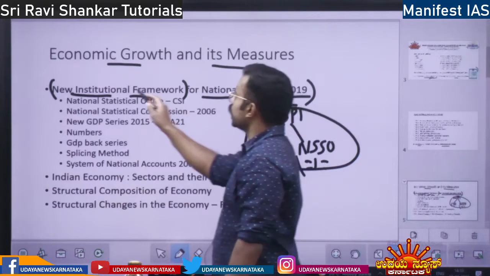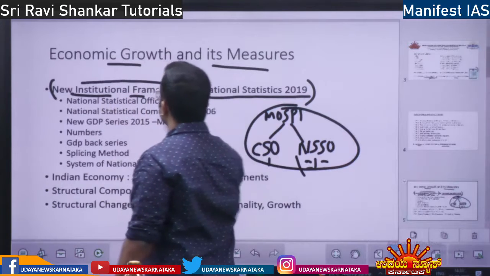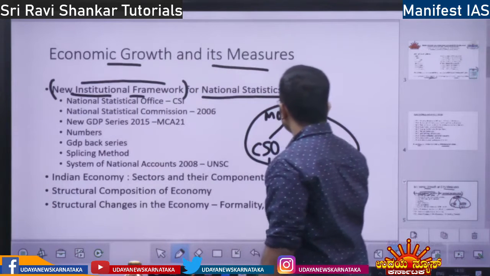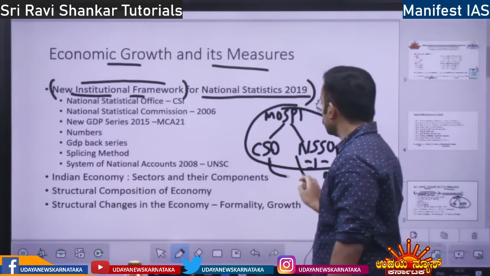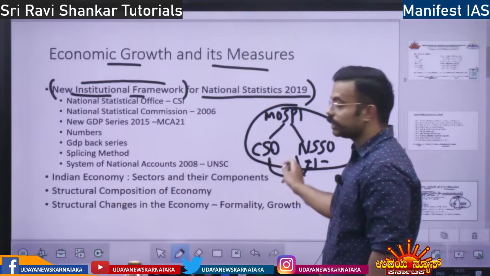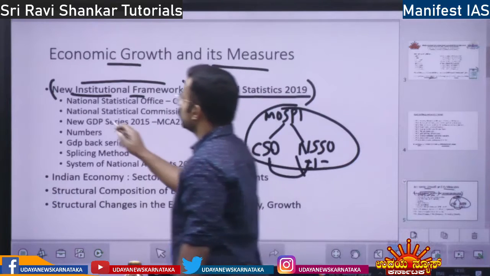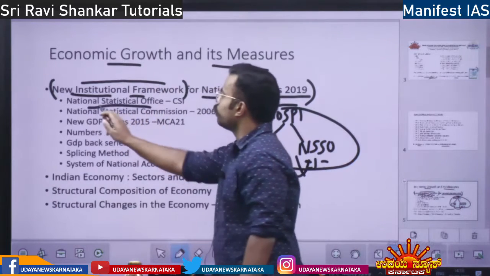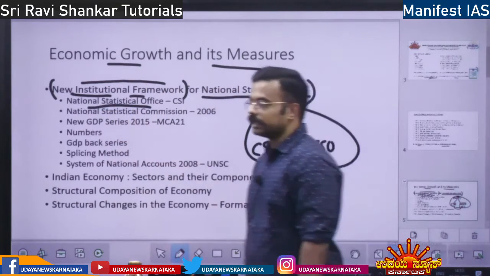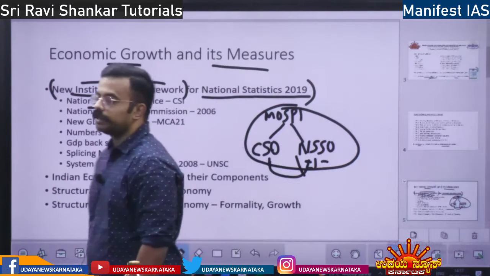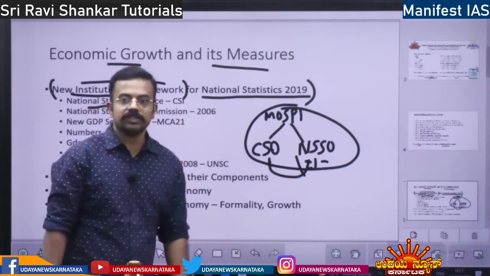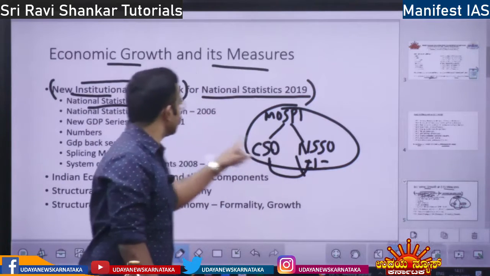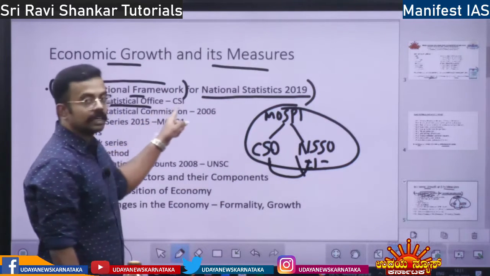Under that, both of these, CSO and NSSO, the organizations which give the data, were merged and converted into one single office called National Statistics Office, NSO. All these works are today done by this office, NSO.